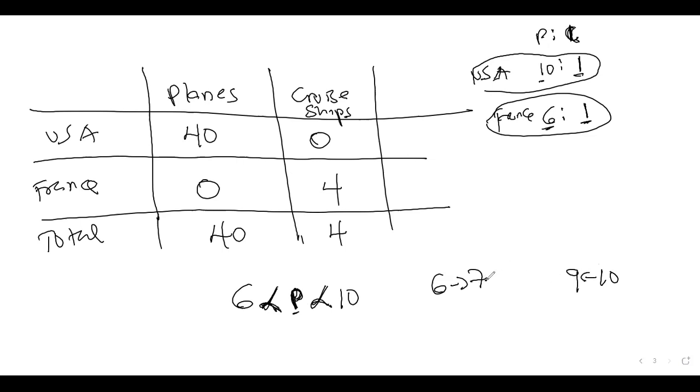So France will negotiate for a better deal again. France will now move to 8 and US will also move down to 8. So it seems that 8 is where the two of them will attain equilibrium.